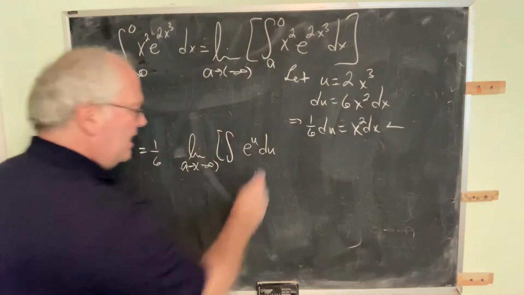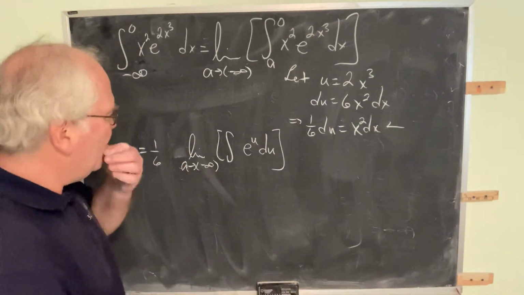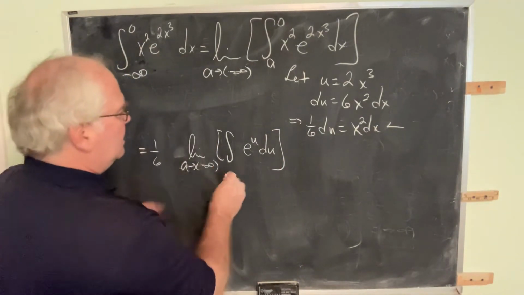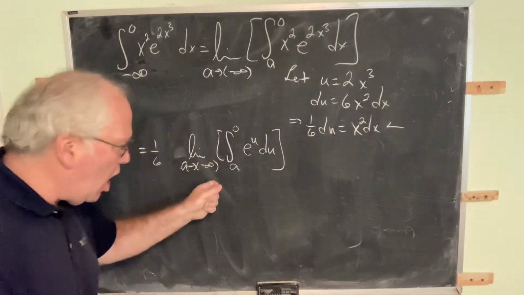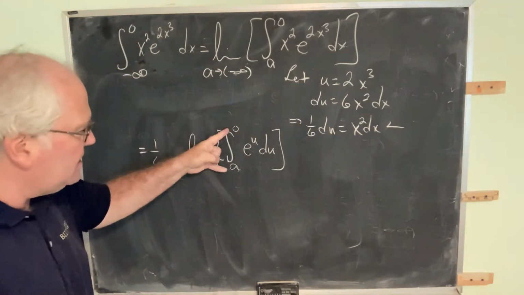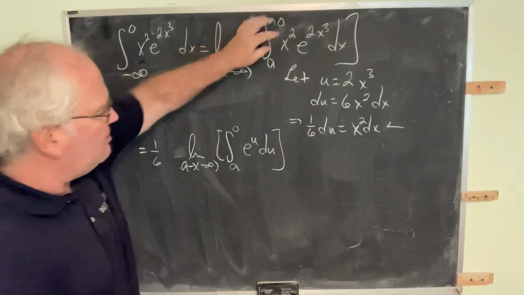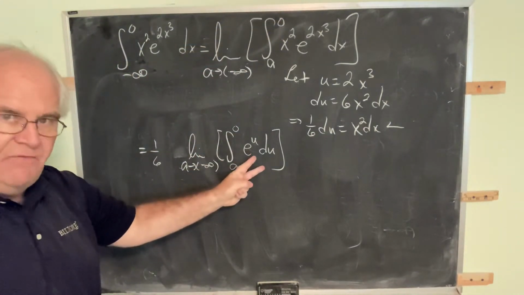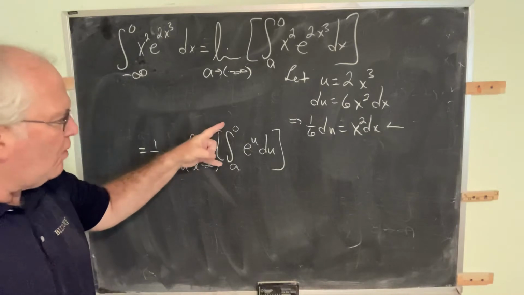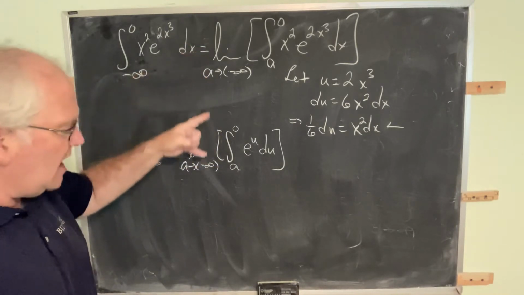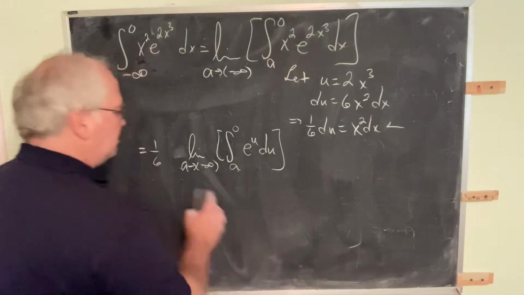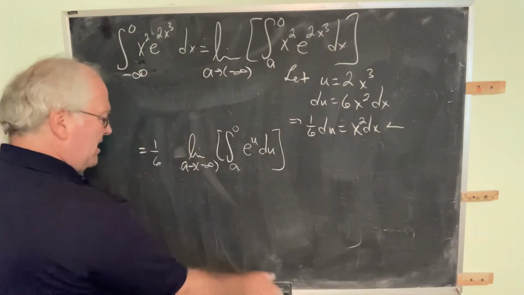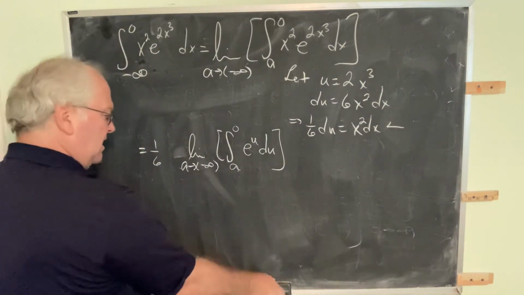But another important piece is this. If I write a to 0, that is wrong, because these limits go with the x variable. This integral is in the u variable. This does not equal that. One option is to translate the limits. That becomes kind of persnickety with this expression.